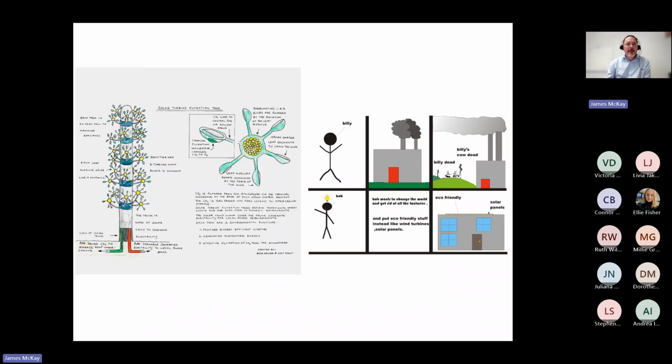So things like this, where they came up with their own designs of strange renewable machinery or renewable energy production, or something to do with sustainability, or gloomy ideas about what might happen, or different ideas comparing bad and good, and some really funny ones as well.